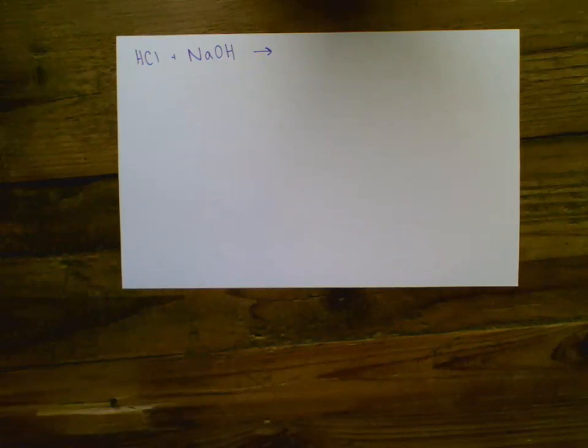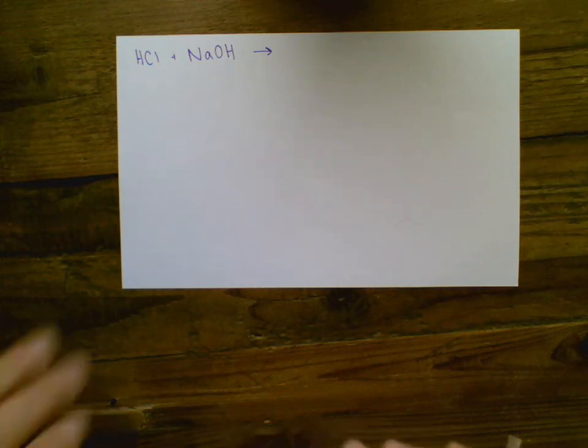So when we're talking about neutralizations right now, we are talking about strong acids and strong bases. With strong acids, we know that they are going to completely dissociate and donate H pluses, or those hydrogen ions, into solution. And then your bases are going to completely dissociate and donate the OH minuses, or the hydroxide ions, into solution.